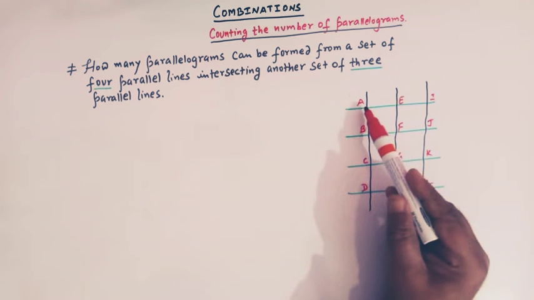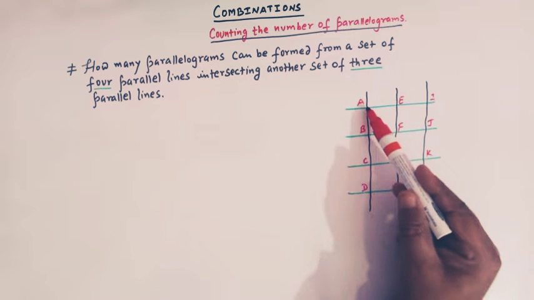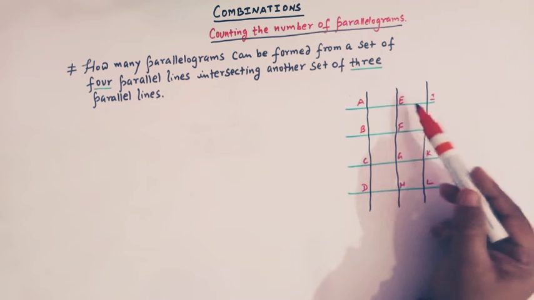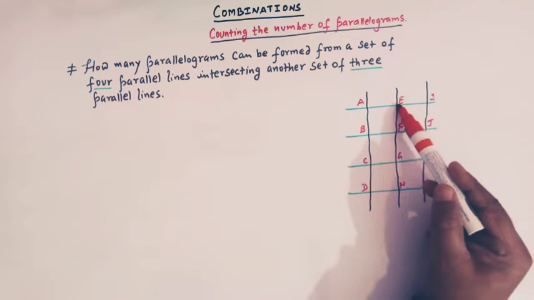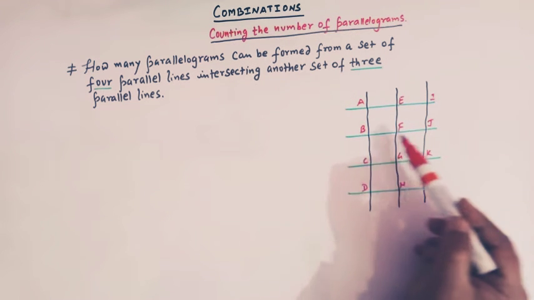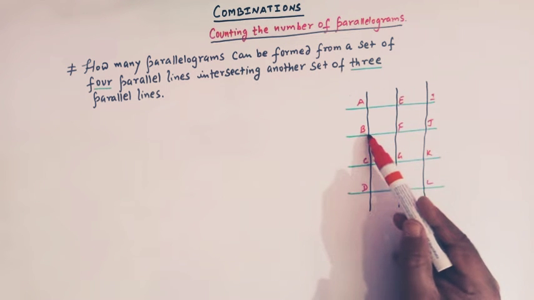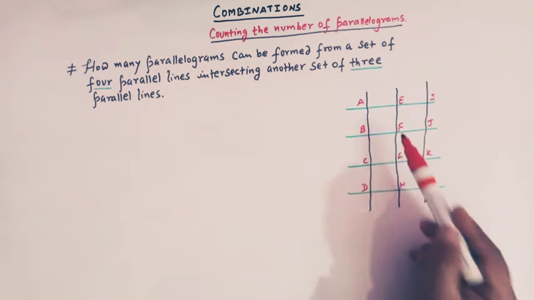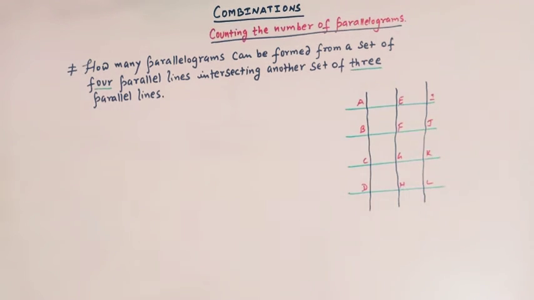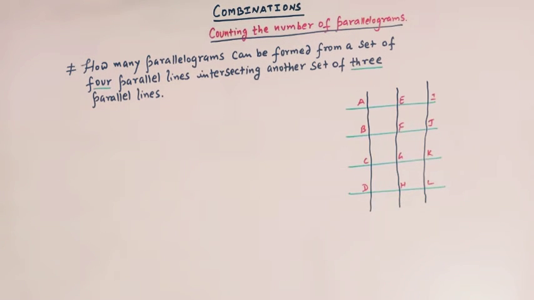Viewers, we can see that we have one parallelogram as ABFE, another EFJI, then ABJI, then BCGF. But the way we are counting the number of parallelograms is not feasible.